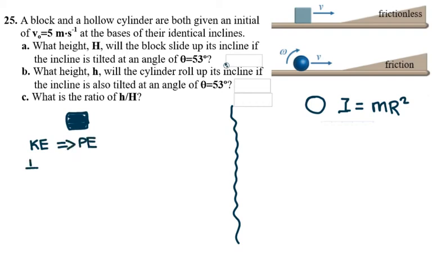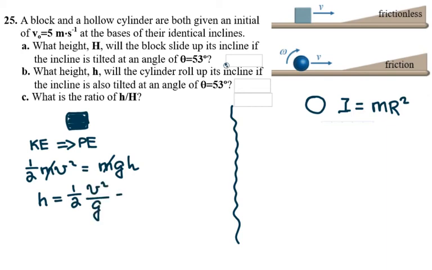So I have 1/2 mv squared is going to go to mgh. The masses can be cancelled, and I have h is equal to 1/2 v squared over g, and that will give me 1.25 meters if I use g as 10.